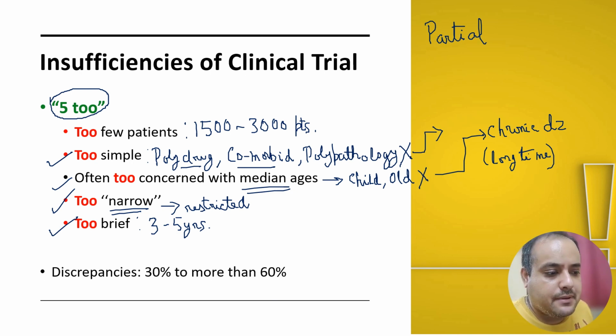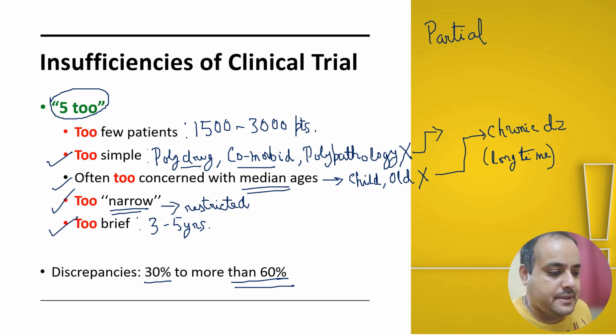Because of these above reasons, that it is too few patients, too simple, too concerned with the median ages, too narrow and too brief, there have been discrepancies ranging from 30 to more than 60%.